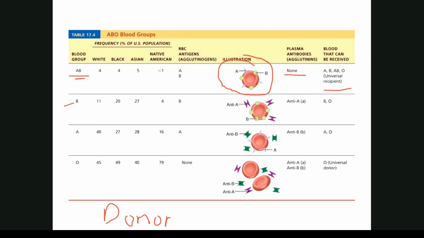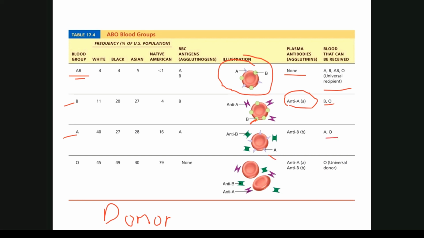Type B blood has B antigens on it, B kill me flags. So if you have type B antibody, it's going to destroy those recipient cells. So you can give anti-A antibodies. So you can give a person type B blood or type O blood. Type A has A kill me flags. So if they get anti-A antibodies, they're going to be destroyed. So they can get A or O blood.